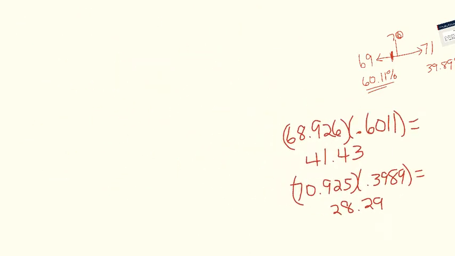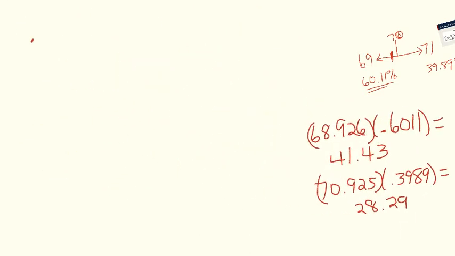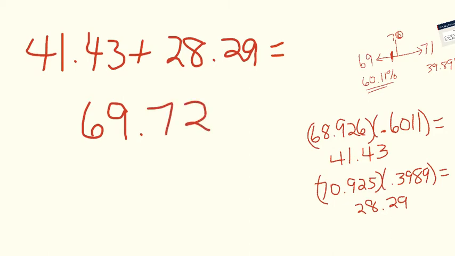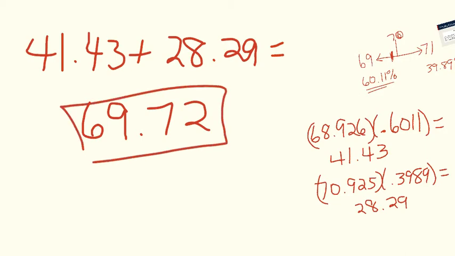Then we add those two pieces together, and the average is 69.72. As we said, it would fall closer to the 69 than the 71, and it did.